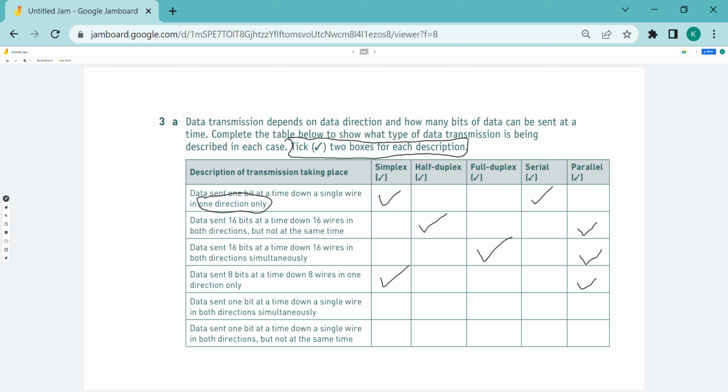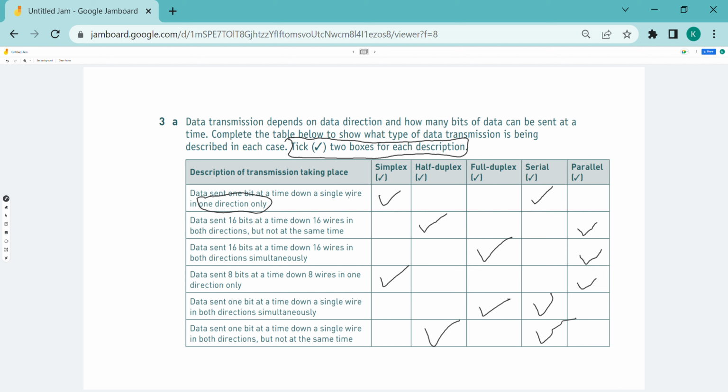Single wire means serial data transmission, and both directions simultaneously is your full duplex. Data sent 1 bit at a time, so it's your serial data transmission, but in both directions not at the same time. It's your half duplex. So hopefully you got the idea of different transmission modes.